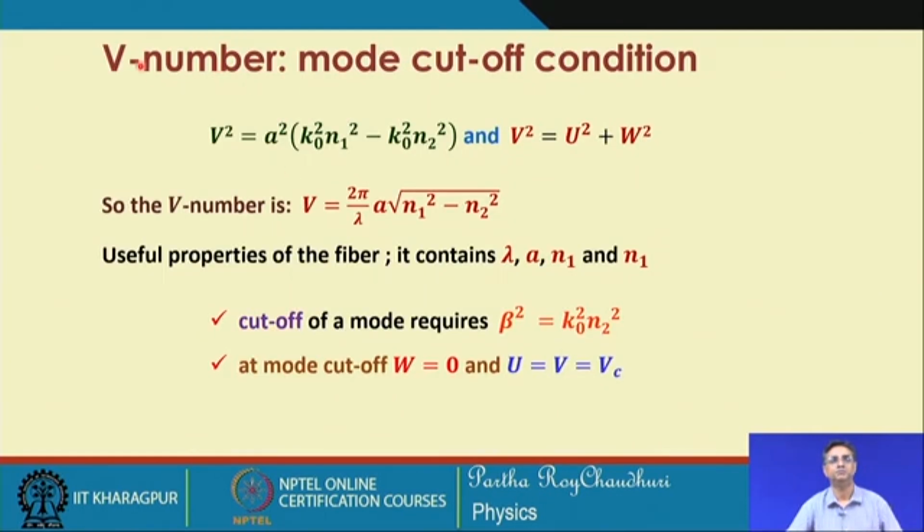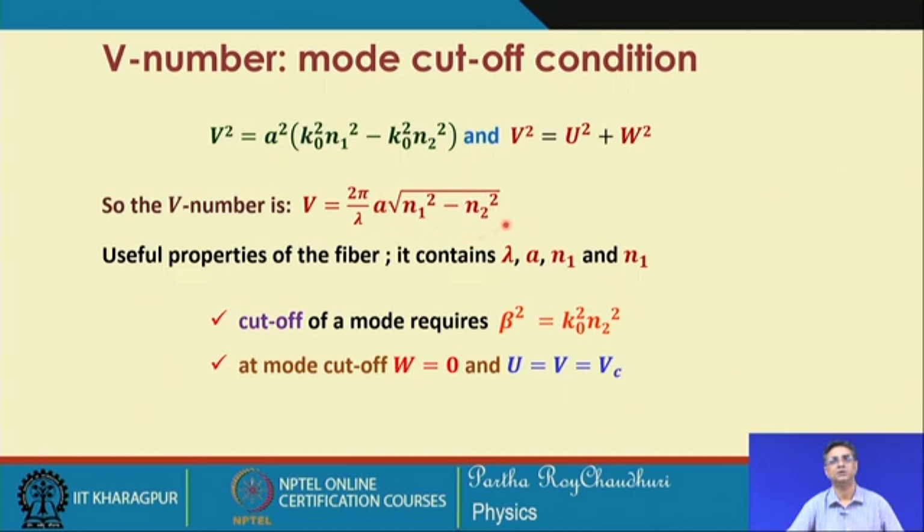Now, we have an important parameter, as I have mentioned, that is what we call this V number, which is defined through this. Actually, it can be defined through the numerical aperture, because V equal to k0, that is twice pi by lambda, a, root of n1 square minus n2 square.